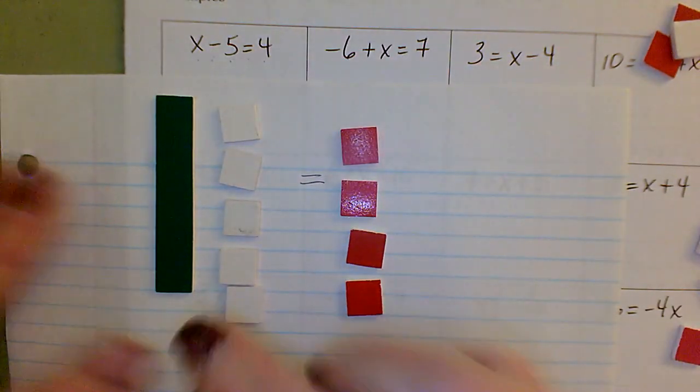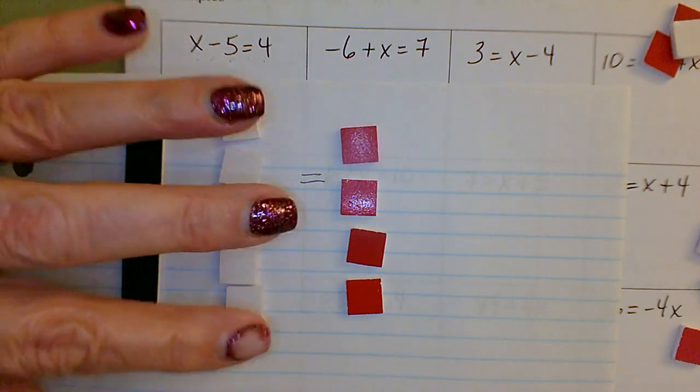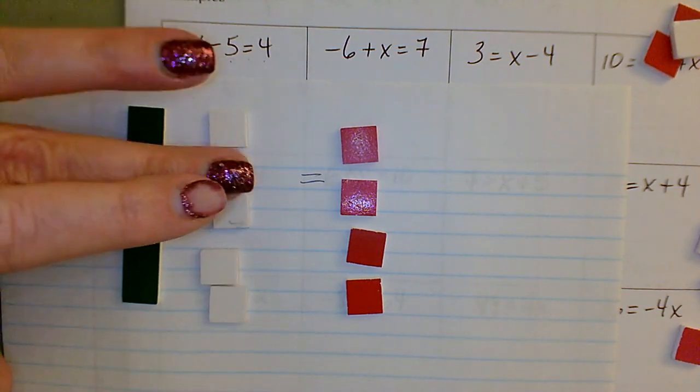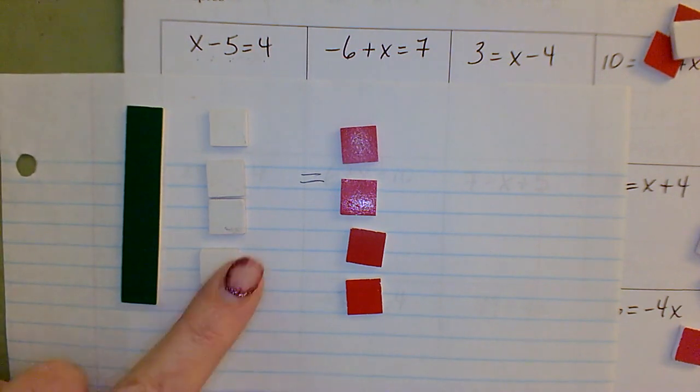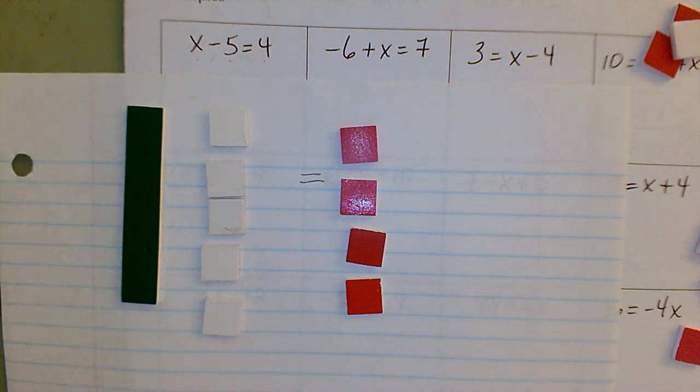All right. So I have X. We have to think of it as a balanced scale. If I want X by itself, I have to undo these negative 5s. Think about when we did adding and subtracting integers. How would I get rid of a 5 so that they don't exist anymore, a negative 5?